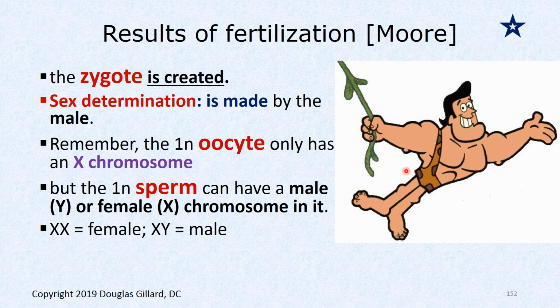Therefore, when that genetic material mixes, you can have an XX, which is a female, or an XY, which is a male. Because they only carry one sex chromosome, the sperm are haploid, so it can only carry an X or a Y. So a Y sperm will make a male, and an X sperm will make a female.